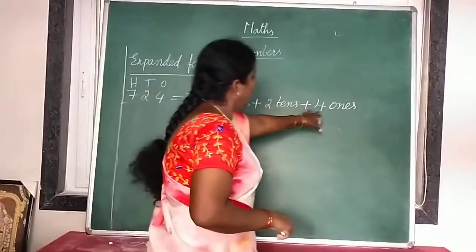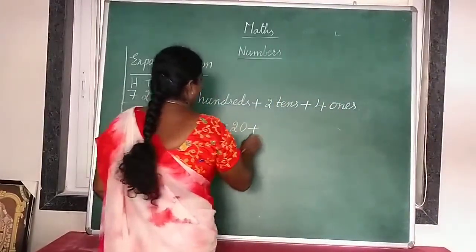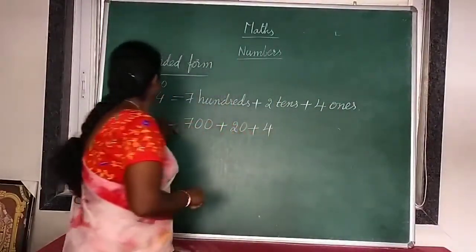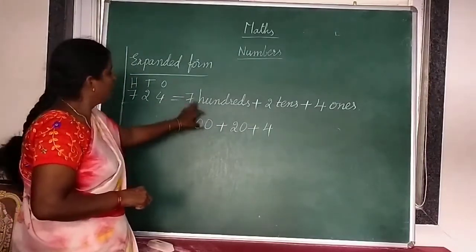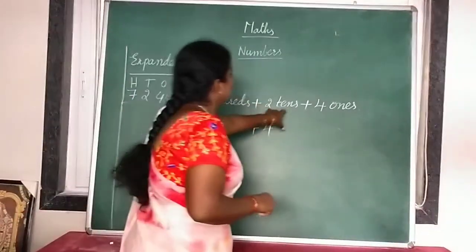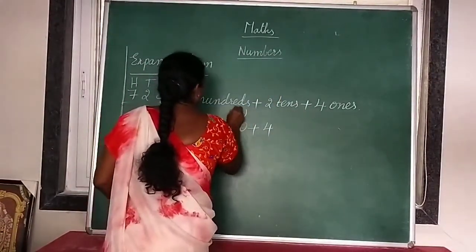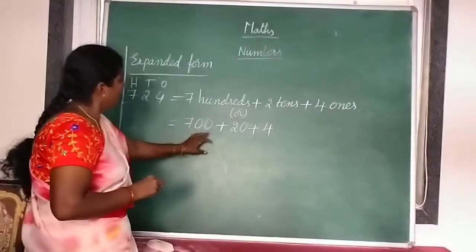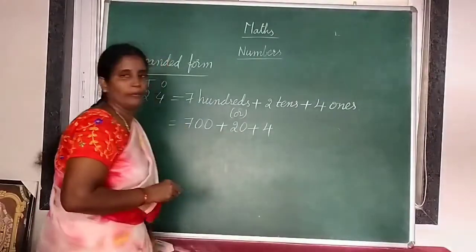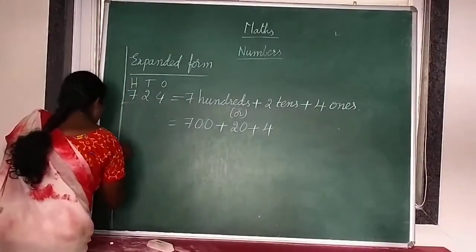Place value of 4 is 4 ones. 4 ones is nothing but 4. So the expanded form of this number we can write in 2 ways: 700s plus 2 tens plus 4 ones, and another way, 700 plus 20 plus 4. Understood?